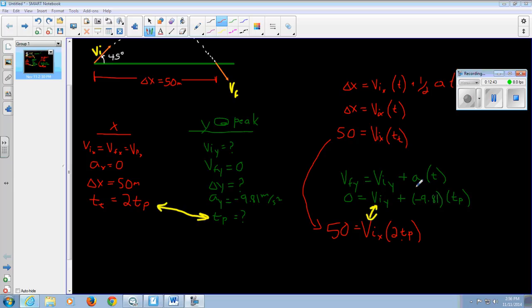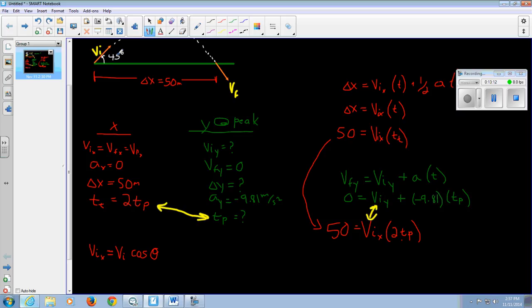I know that the velocity initial in the x direction is equal to my initial velocity vector times the cosine of my launching angle.